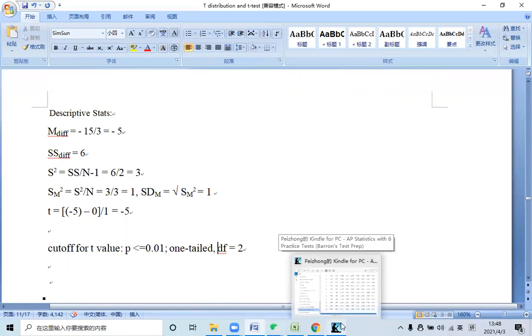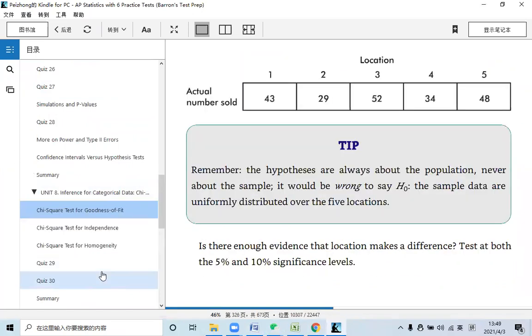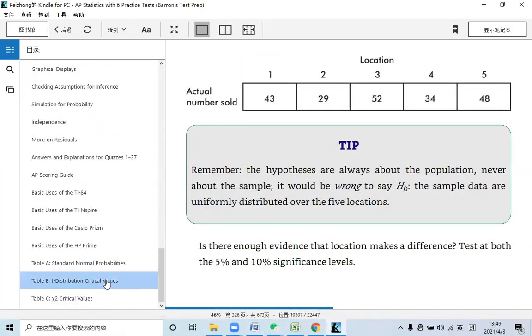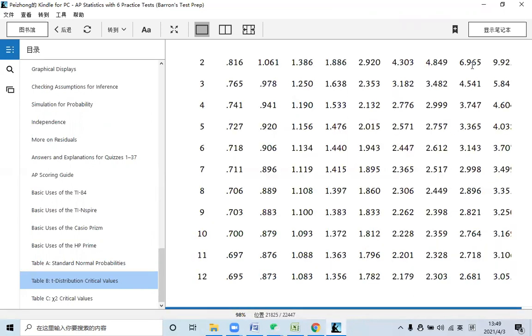Look at the t-table. Now we have a different p-value, 0.01. We're doing a one-tailed test. So we look at p 0.01, degrees of freedom 2. Here, right here.